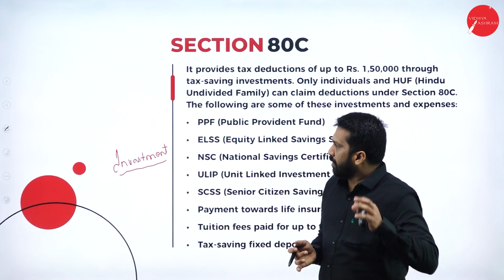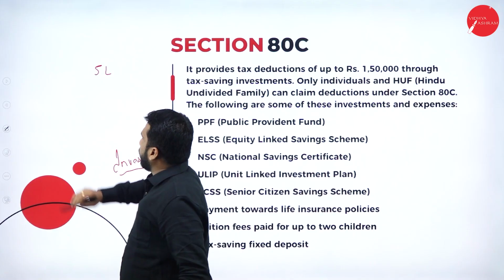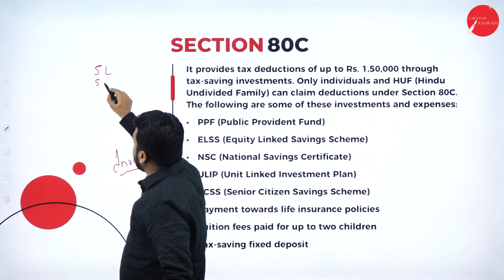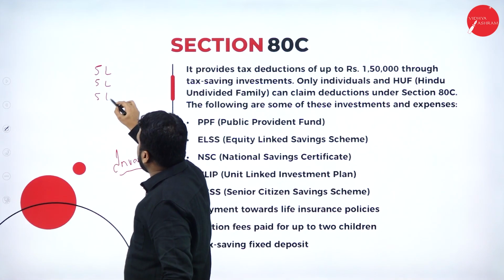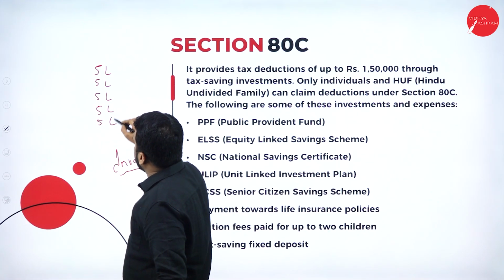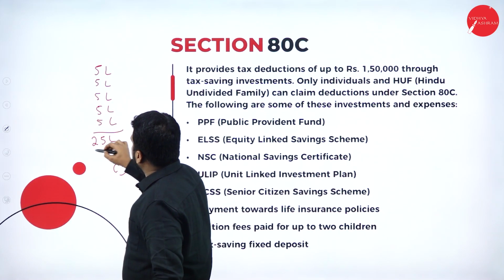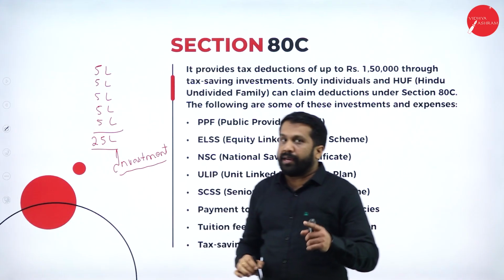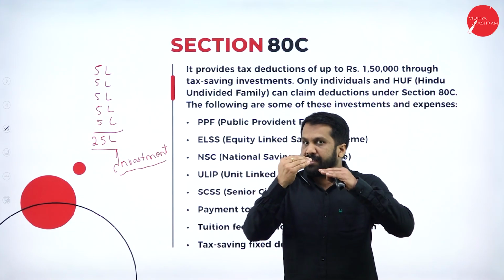For example, you have income from salary 5 lakh, income from house property 5 lakh, income from business or profession 5 lakh, capital gain 5 lakh, income from other sources 5 lakh. Total you have 25 lakh of income. You have to pay tax on what value? On 25 lakh. There is a tax slab.